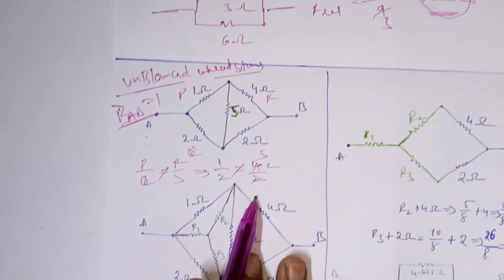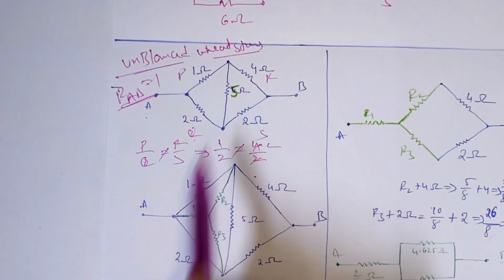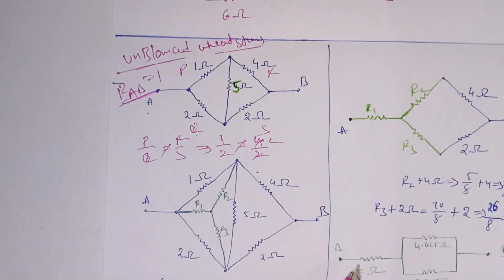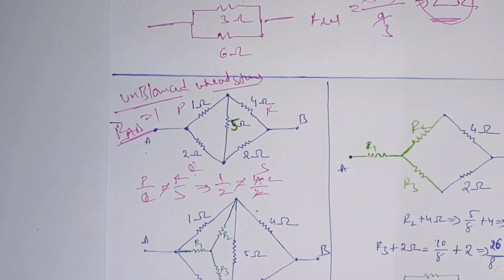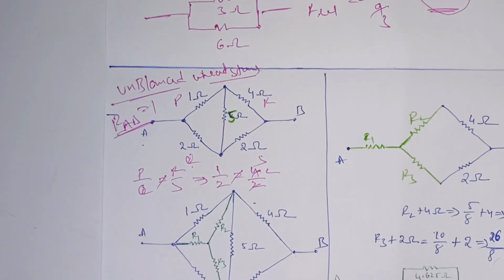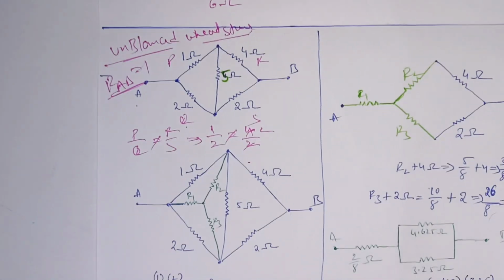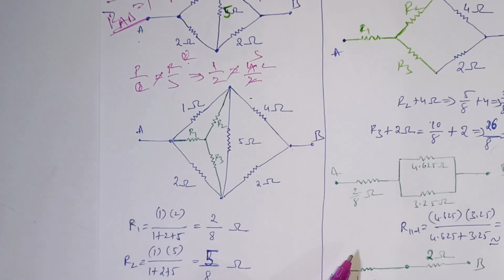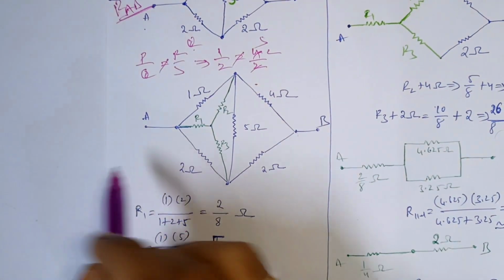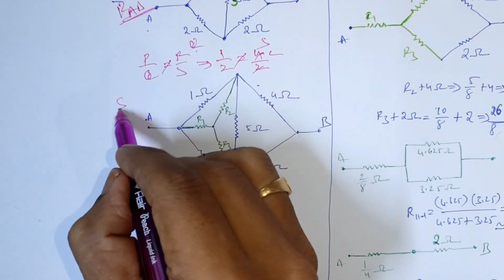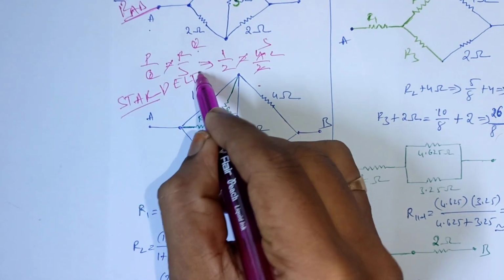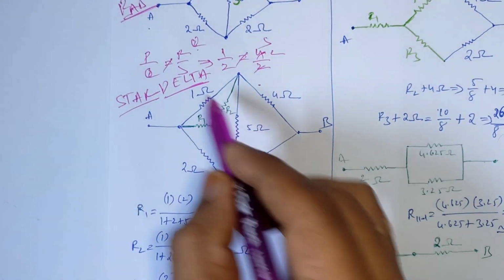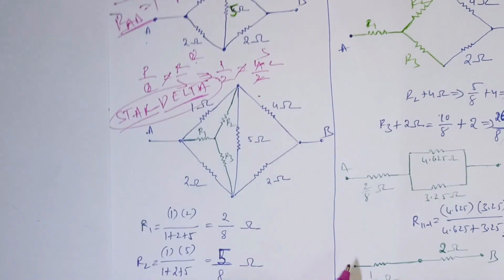In the case of an unbalanced circuit, we use another method. Actually, we would need to apply Kirchhoff's voltage law, but it takes more time. Because of that, we use another method called the star delta method.